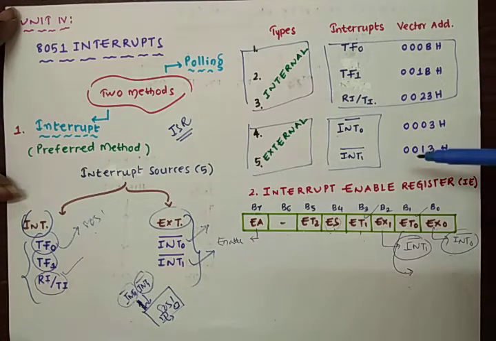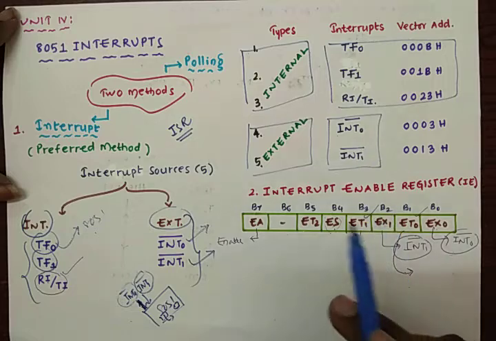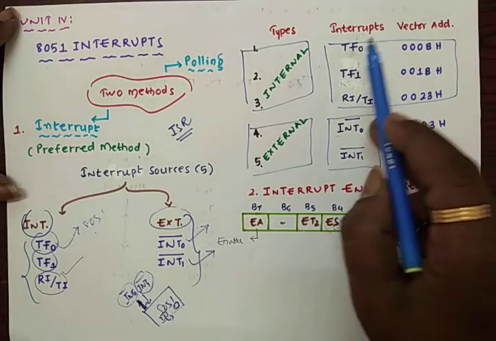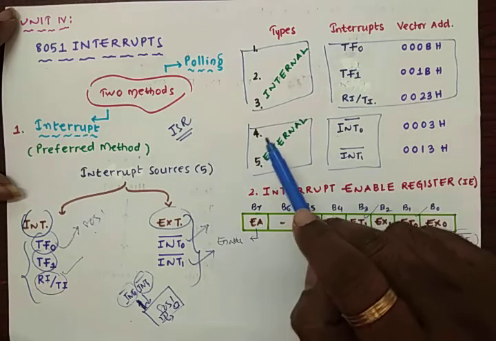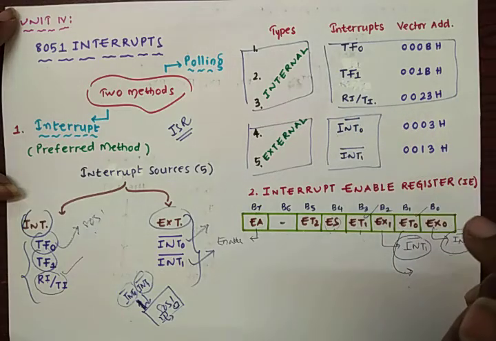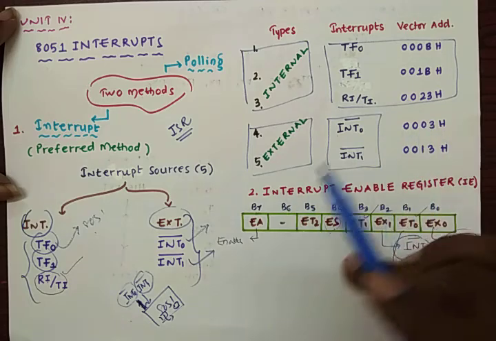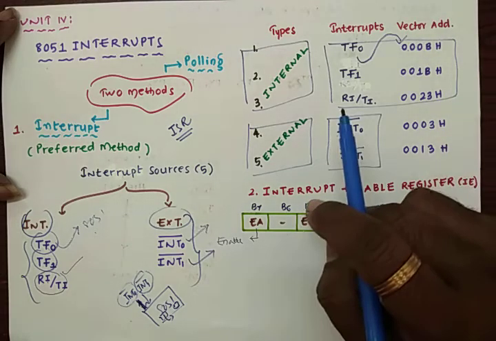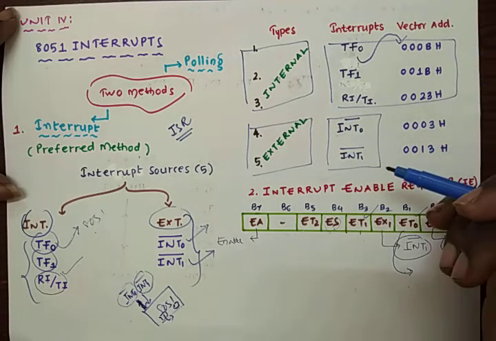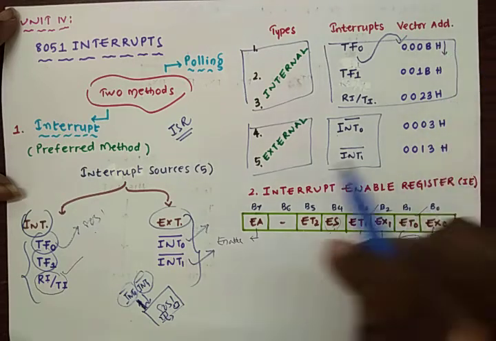Then you may have the doubt: what is the necessity of vector addresses? Whenever the 8051 is interrupted, for example by the timer 0 interrupt signal, the program control stops the current execution and jumps to the address 000BH, where it can fetch the instructions so that it can execute them.